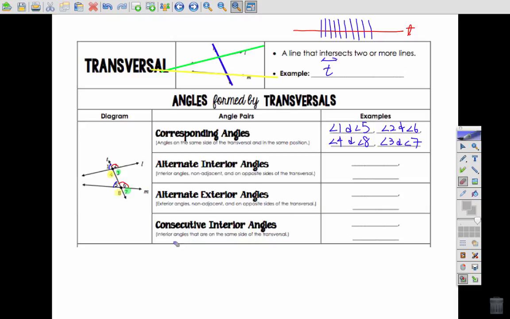So that's one set of angles called corresponding angles.